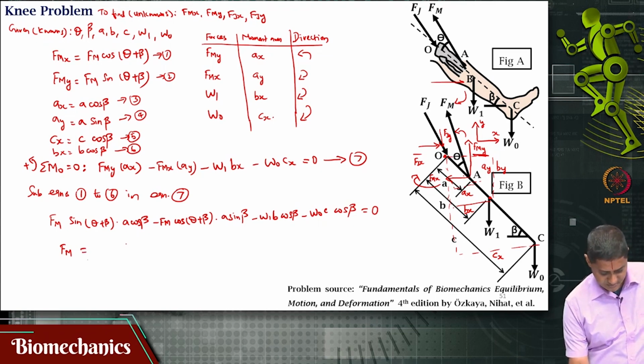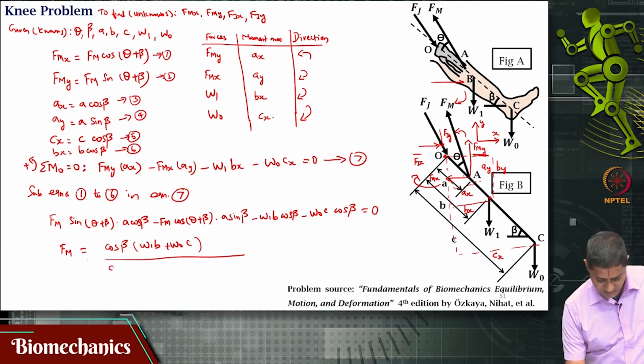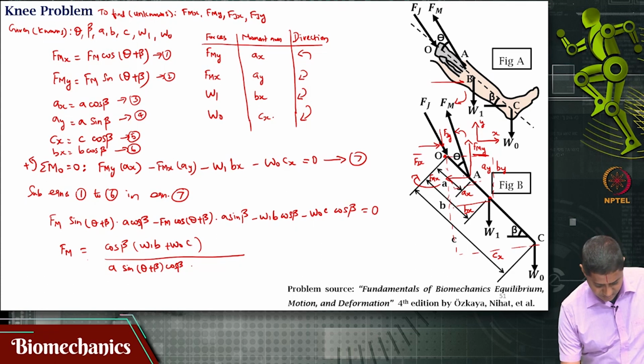Fm is cos beta times (W1 b plus W0 c) divided by A times [sin(theta plus beta) times cos beta minus cos(theta plus beta) times sin beta].